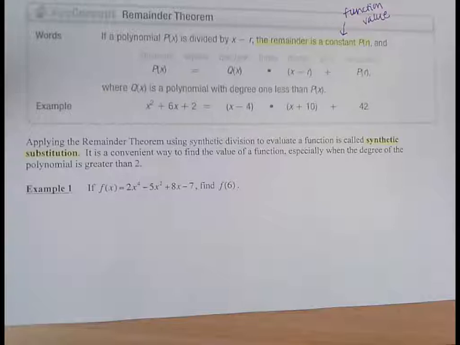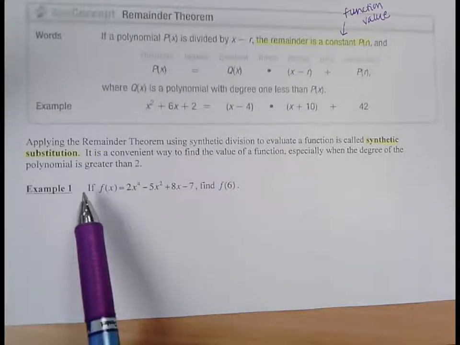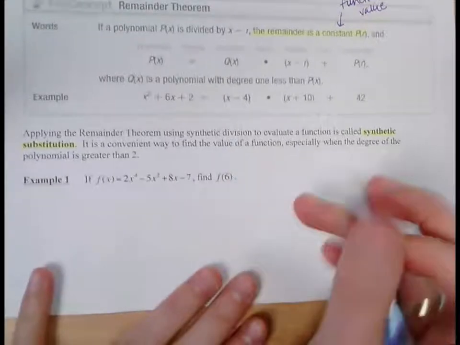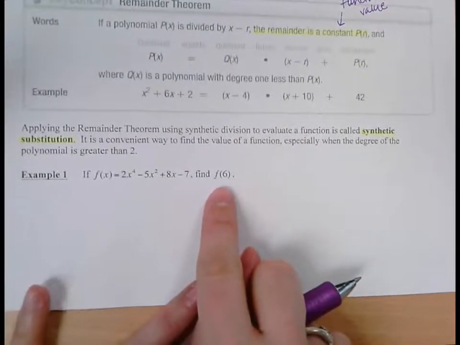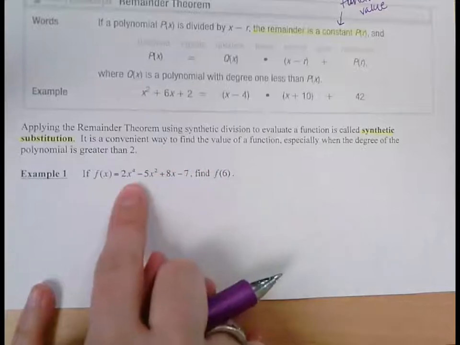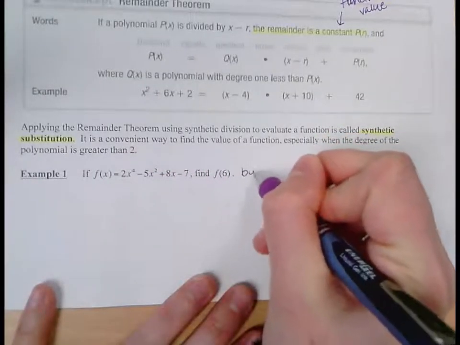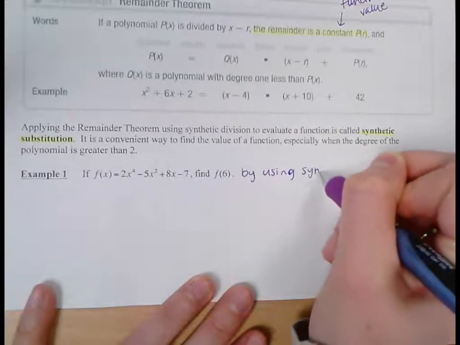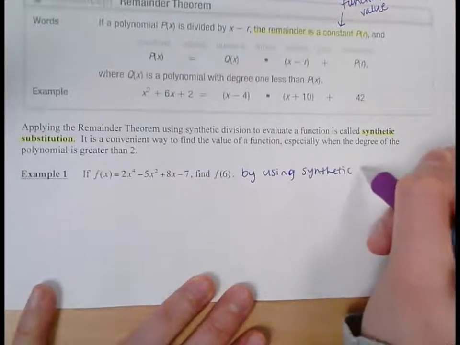So when we work through example 1, it gives us a function f of x and says find f of 6. I want us to find f of 6, not by plugging 6 in, but by using synthetic substitution.